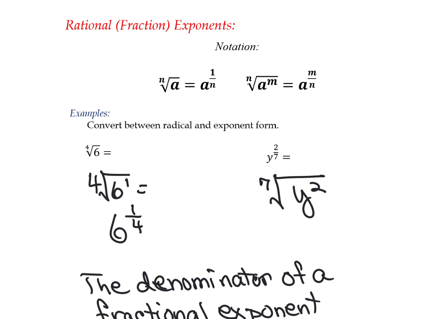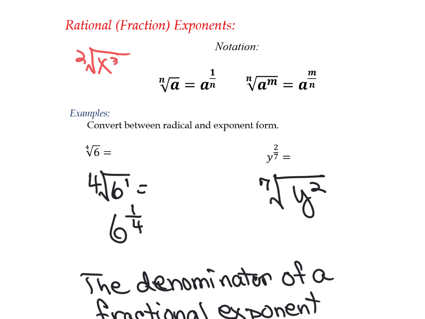All right, we're going to be looking at rational exponents, and rational exponents are exponents that are written as fractions. Very, very simple process. What we have to understand is if you have an expression, and let's say that we have the square root of x to the third power.